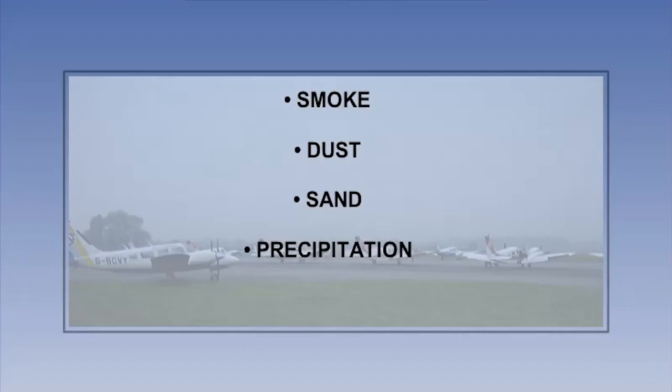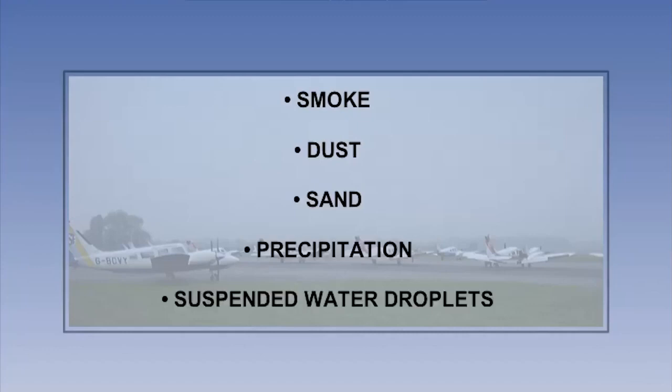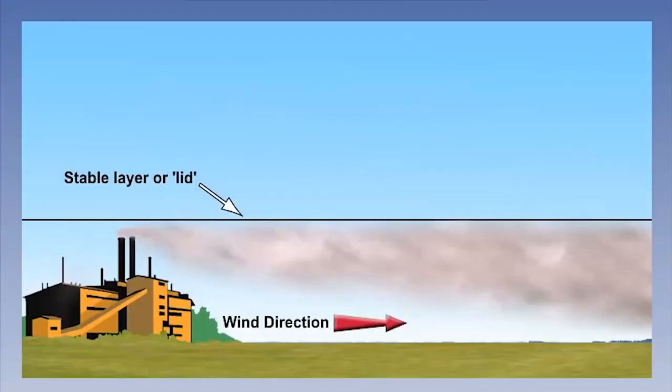Let's now consider the visibility reducers in a little more detail, namely smoke, dust, sand, precipitation, and suspended water droplets. Smoke consists of solid particles produced by combustion.